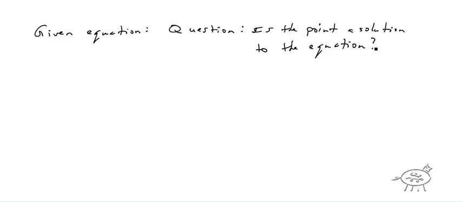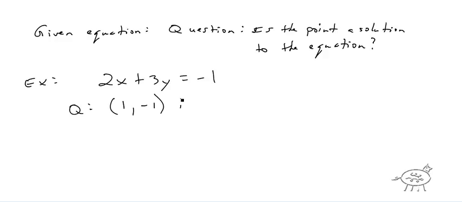Here's an example. If I give you the equation 2x plus 3y equals negative 1, I'm going to give you the coordinate 1 comma negative 1 and ask, is this a solution?